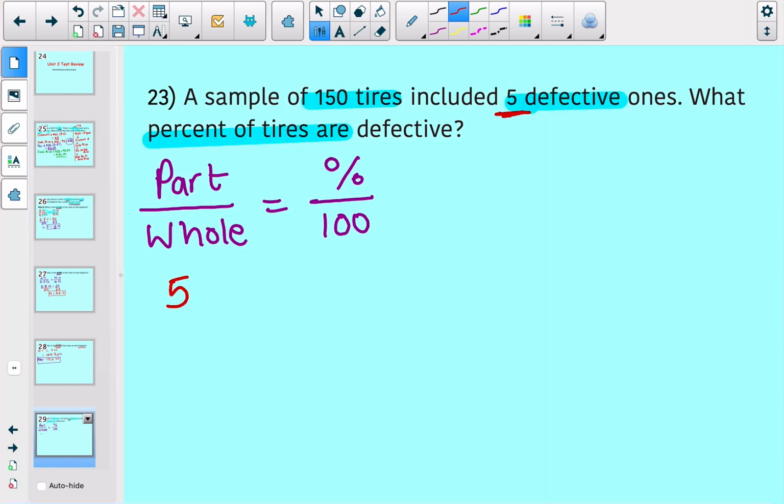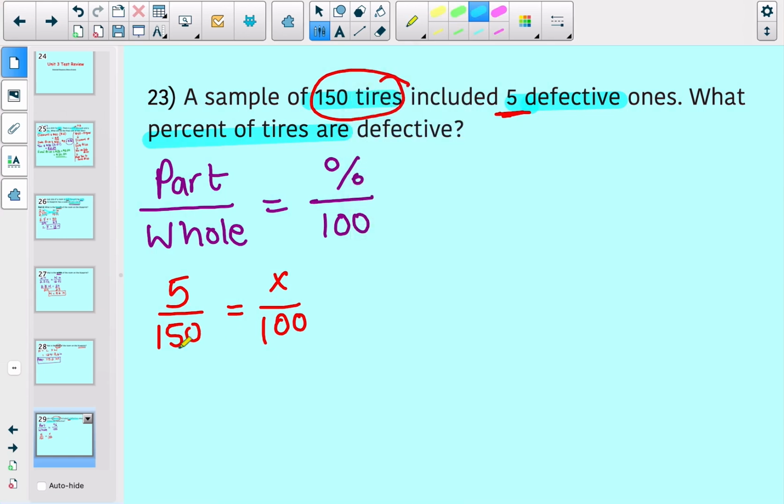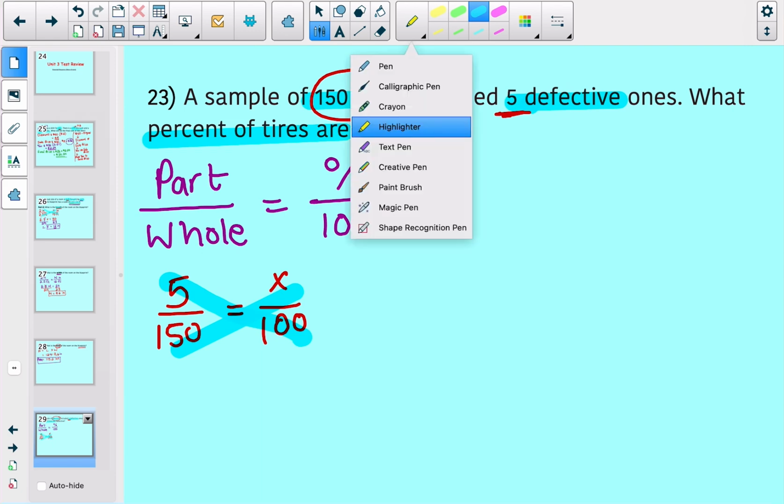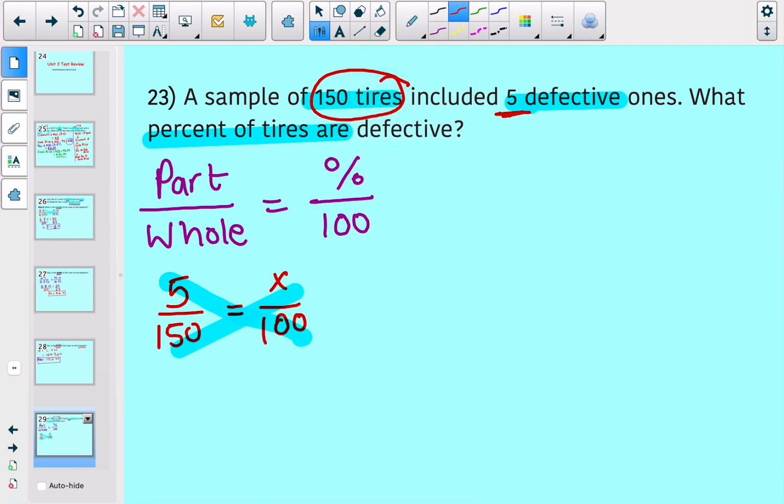So I'm just going to plug those values in. The whole amount is 150, so I'm going to put 150 down there. Do I know my percent? I don't. So I'm going to put an x and my 100 right there. Again, I'm going to be doing cross multiplication.